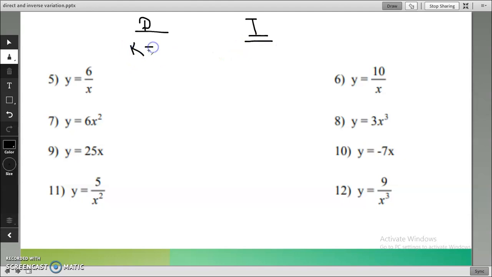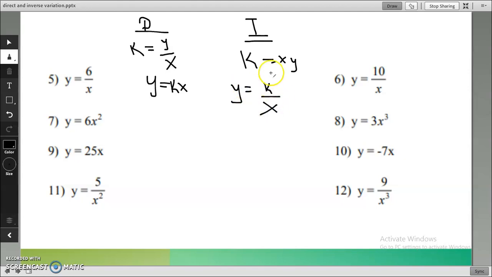For direct, k, the proportional amount, is equal to y over x, and for inverse, k is equal to xy. Also, y is equal to kx for direct, and y is equal to k over x for inverse.